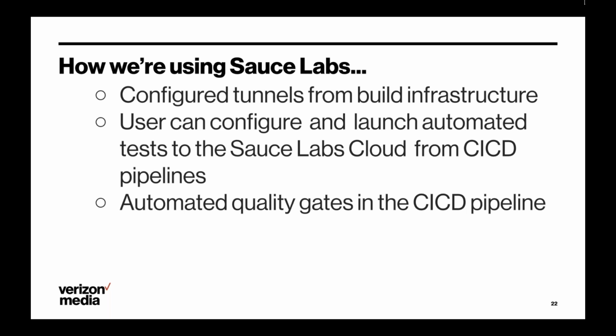So, for example, if a product has 5,000 UI tests, and we do have tests on that scale, they have the ability to run these tests in parallel as multiple threads in the Sauce Cloud. And then we have the ability to define quality gates in our CI/CD pipeline, where if a test or a battery of tests fails, you could call your build unstable, or you could fail your build and block the pipeline from moving forward.